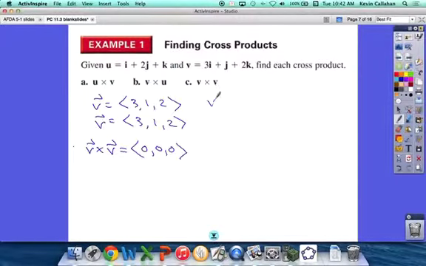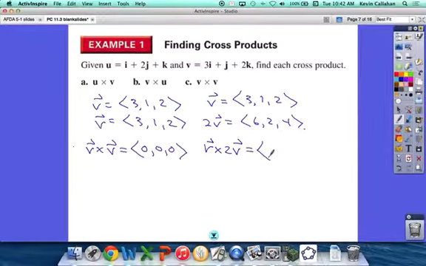So here's V, 3, 1, 2. And then this is 2V, which would be 6, 2, 4. Now what happens if I do V crossed with 2V? I cover these up. 1 times 4 minus 2 times 2, 0.